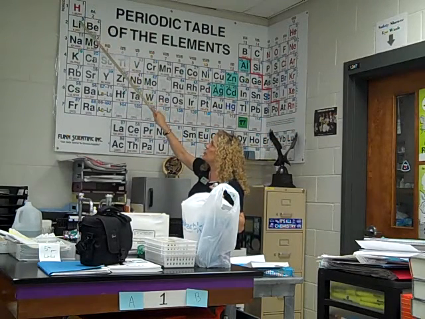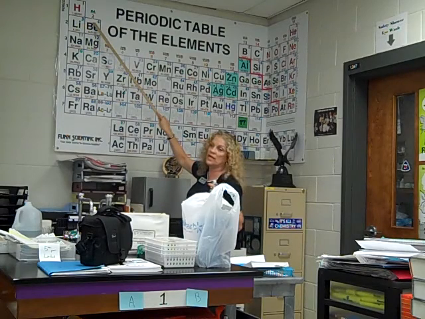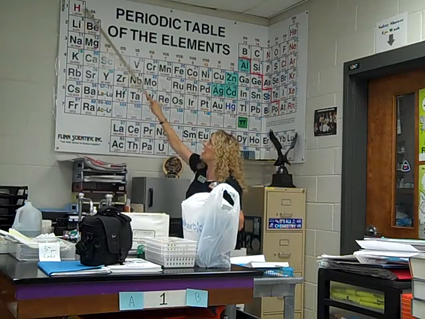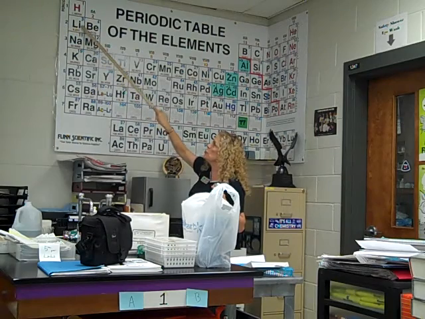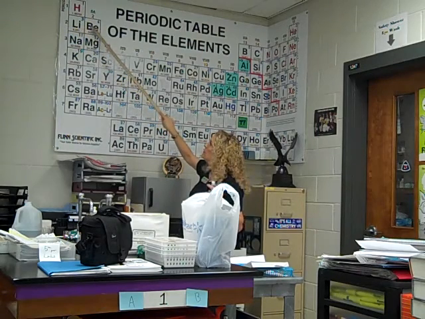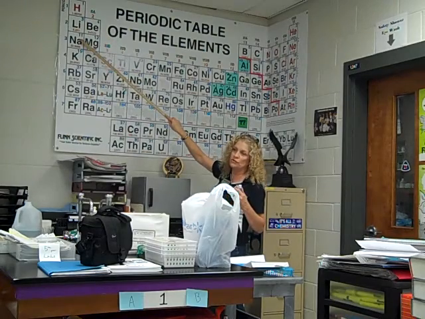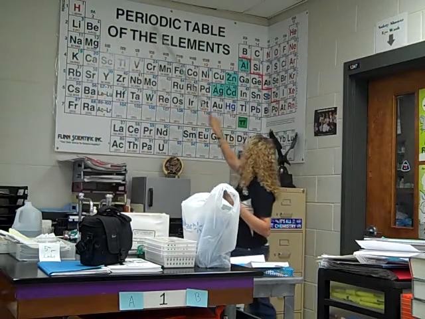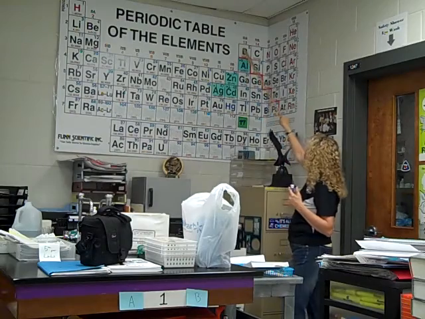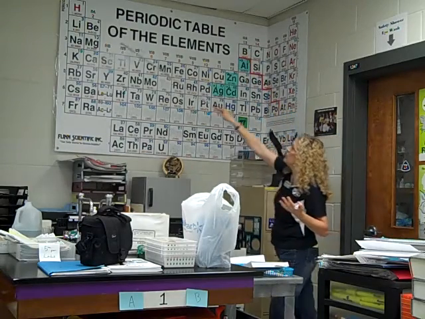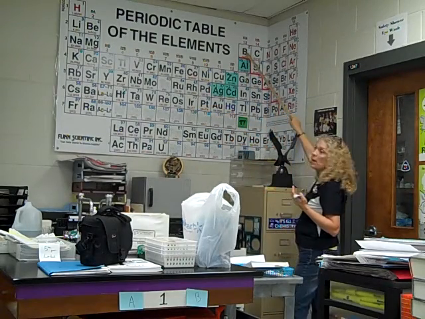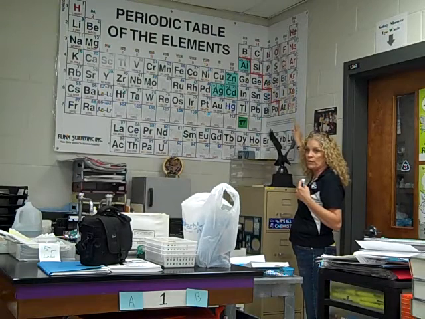1, 2, okay, now this is going to be the 3rd and the 4th electron. So after 1s comes what? 2s. And that will fit 2 of them. So we had 2s2. After 4 does not come 11. We're not going to go straight down. After 4 comes 5. And so now we're over in this other area. It's still the second row, but we're in the P area, right?